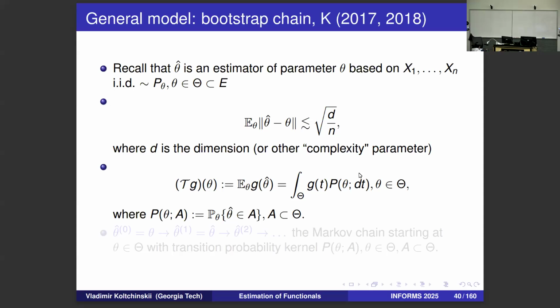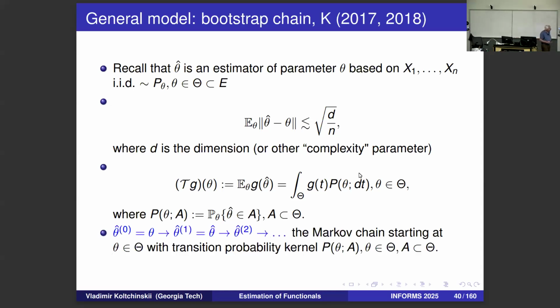Let's now try to use this Markov kernel in order to run a Markov chain. So I will create a Markov chain with transition probability kernel P_theta(A) that starts at our unknown parameter theta, so theta hat 0 at moment of time 0 is theta, and then it moves to theta hat 1, which will be theta hat, at the next iteration.